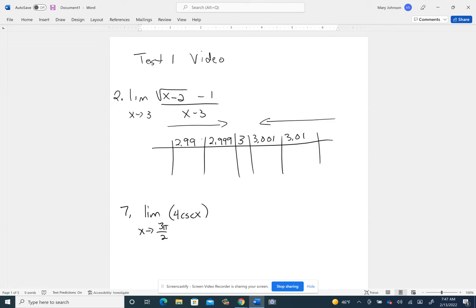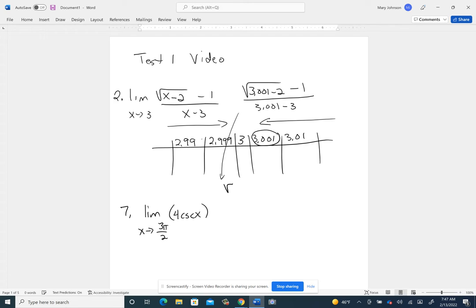All right, and so let's just do one of them. What you've got to try to evaluate is this: the 3.001 minus 2, you take the square root of that, take away 1, and divide all of that by 3.001 minus 3. If you're going to try to enter that in one step, let me come down here and show you what it would have to look like.